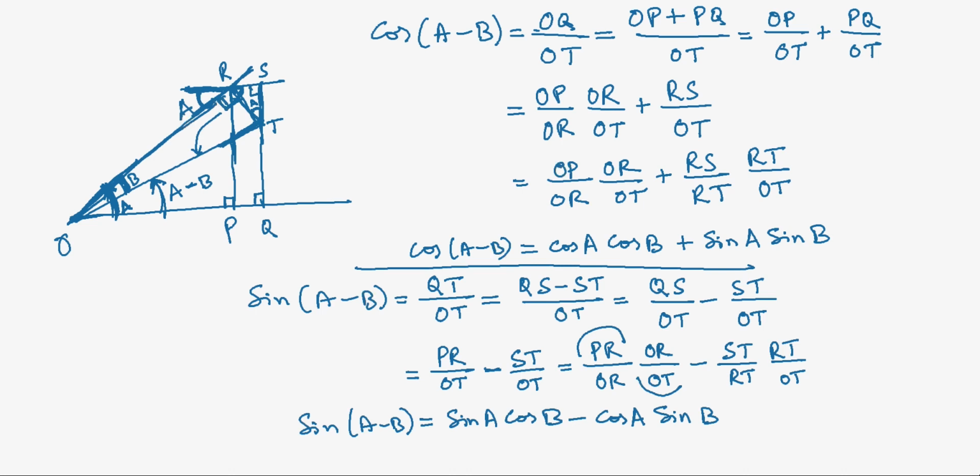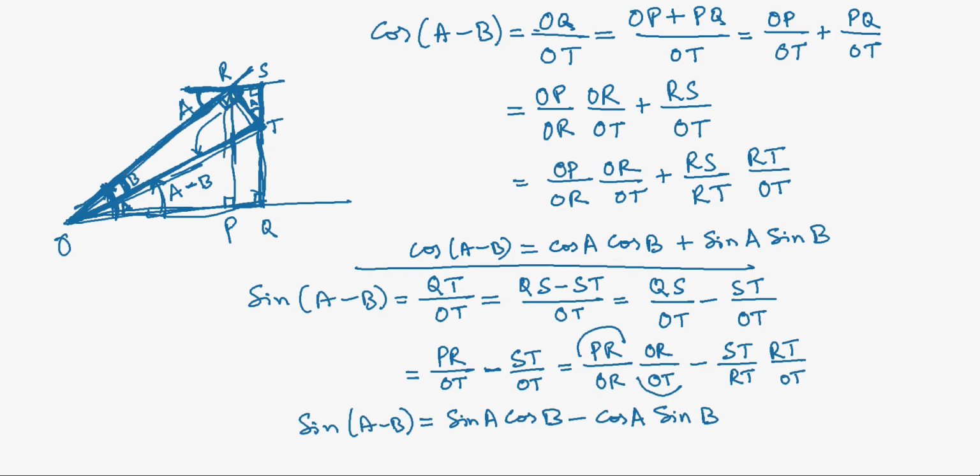So actually we are dealing with one right angle triangle, this OQT. Do you get that? Yes, sir. This is the one we will be dealing with. Another one will be this right angle triangle, the ORT, for angle B. And then we will be dealing with the small right angle triangle RST.